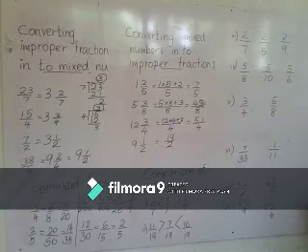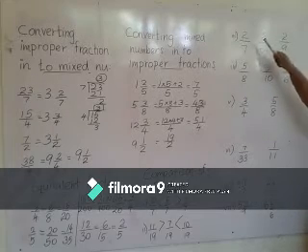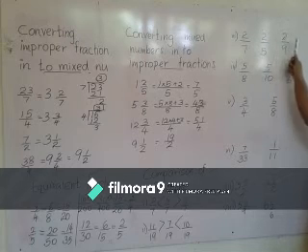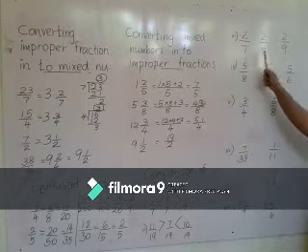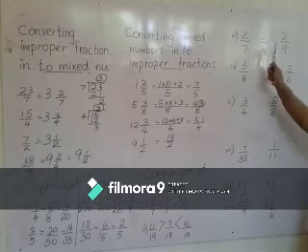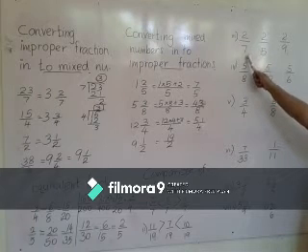And the other one, 2/7, 2/5, 2/9. Now, numerators are the same. If the numerators are the same, we must consider the denominators. So, look at the highest denominator, 7 and 5. The highest denominator is 7.